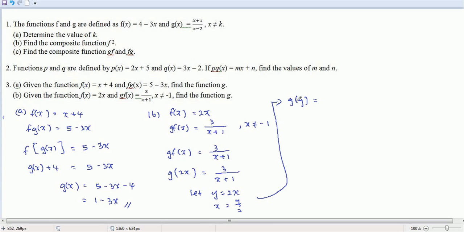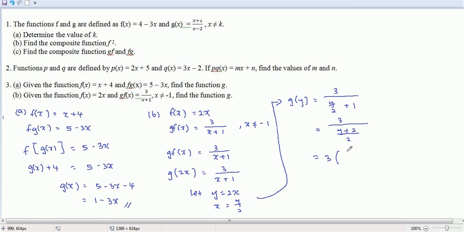Okay, so I have changed to become y. So here I cannot use x. 3 over x plus 1. So what is x? X is y over 2. So 3 over y over 2 plus 1. Okay, so we just continue to do it. Change the denominator to become the same: y plus 2 over 2. Then you get 3 divided by this fraction.